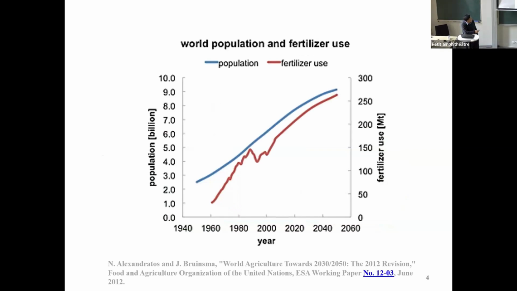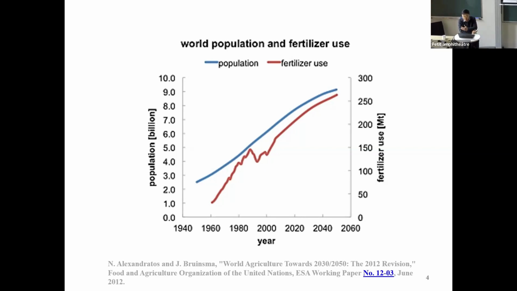The blue is population increase, and the red is fertilizer use. By the middle of this century, we're talking about 9 billion people, and the annual use of fertilizer is almost 300 million tons. You see these two curves go hand in hand, and the fertilizer use is really not sustainable.